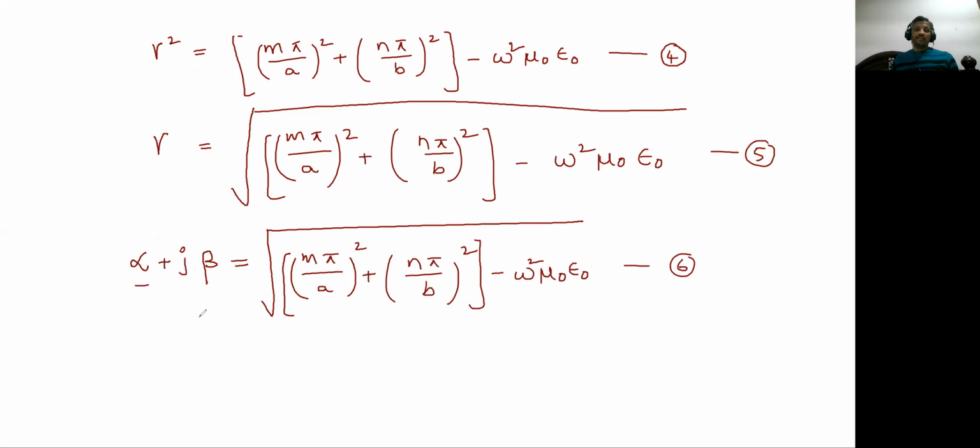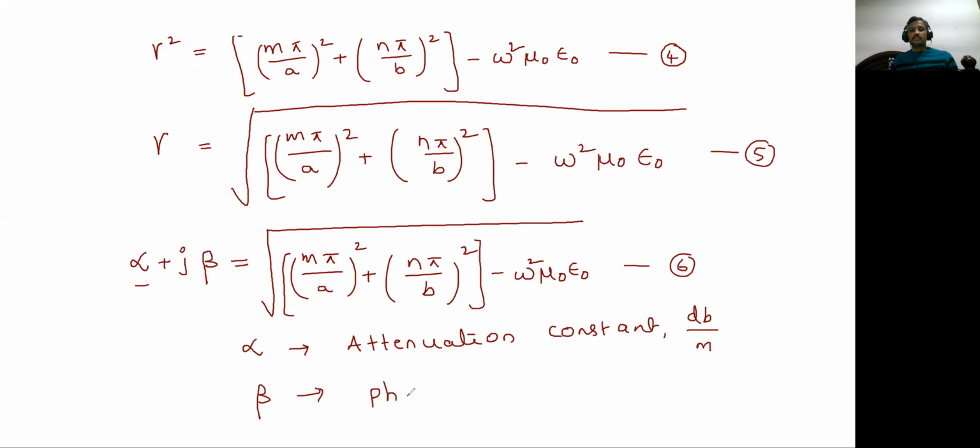Now, here alpha is called the attenuation constant, whose units will generally be decibel per meter or Neper per meter, and beta we call the phase constant, whose units are radian per meter.